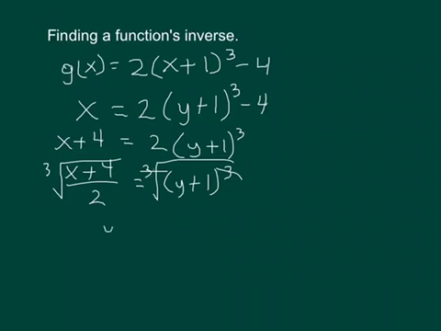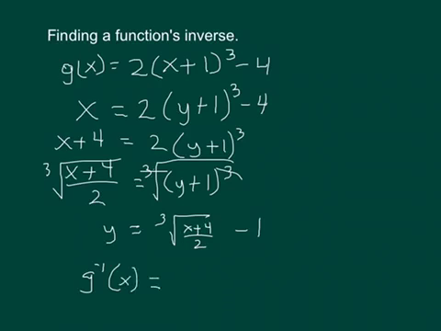And ultimately we'd have y equal the cube root of x plus 4, that quantity divided by 2, and then minus 1. Since a cube passes a horizontal and vertical line tests, g would have an inverse that is a function, so we can actually call it g inverse of x in function notation.